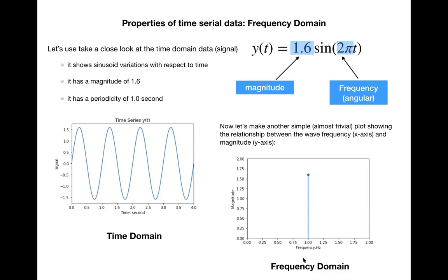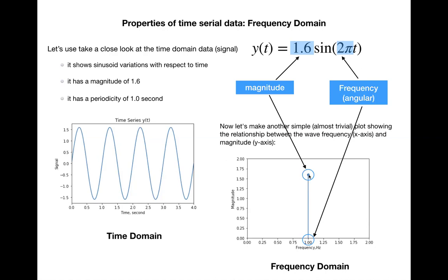What I did to get this is that, first, the magnitude in the frequency domain is the magnitude of the sine wave. On the horizontal axis, it sits at the location of the frequency. So 2 pi angular frequency corresponds to 1 hertz. If I plot frequency versus the magnitude of my sine wave, that's called a frequency domain plot.